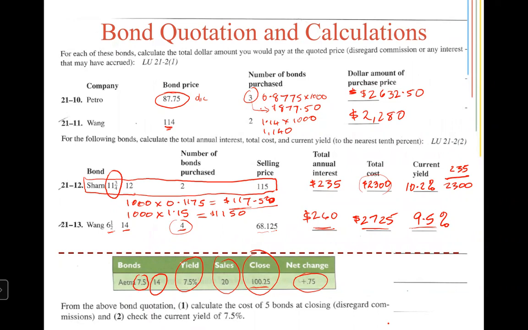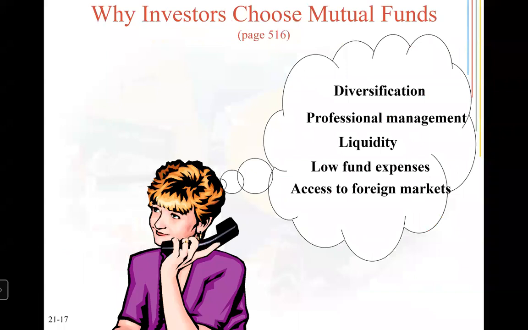Okay, so we're going to finish off with our look at bonds, and we're just going to spend a couple minutes looking quickly at mutual funds. With the mutual funds, we said, if you remember the little video clip we did at the beginning, it is a combination of shares or a combination of bonds or a combination of shares and bonds. So it's not just one bond or one company that we're looking at. We're looking at a combination because we want to diversify and increase our chance of making a profit.